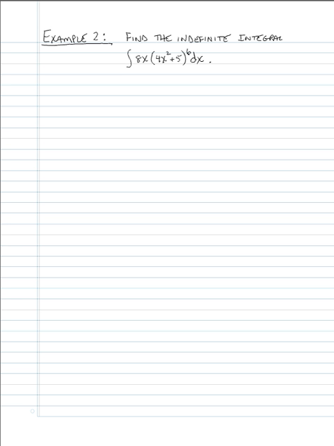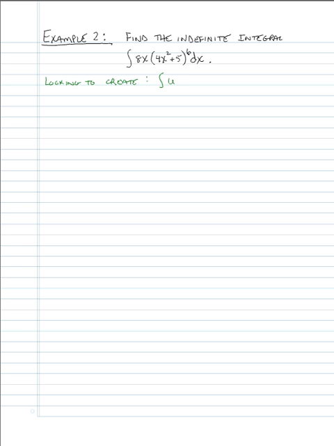Okay, here's our second example. We're to find the indefinite integral, that is the integral of 8x times the quantity 4x squared plus 5 raised to the 6th power with respect to x. Now, again, let me remind you, we're looking to create an integral that looks like the integral of u to the power.